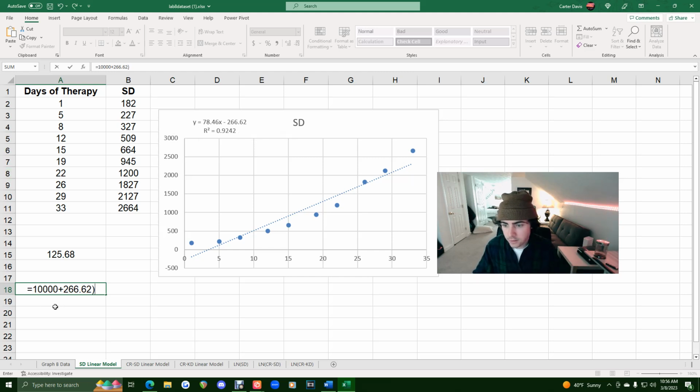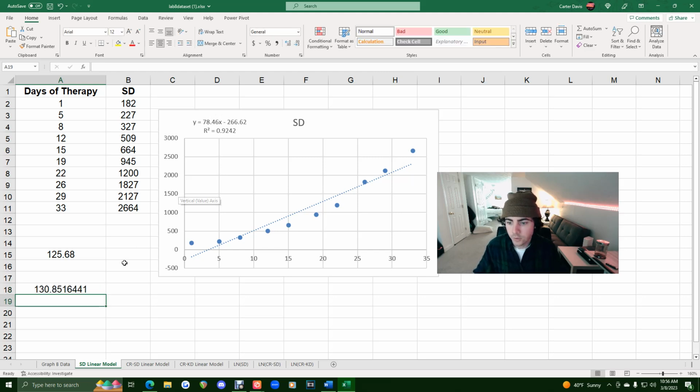We're going to close all this off, and we're dividing this by 78.46. All right, we get 130. This is the amount of days it would take for 10,000. This is linear.